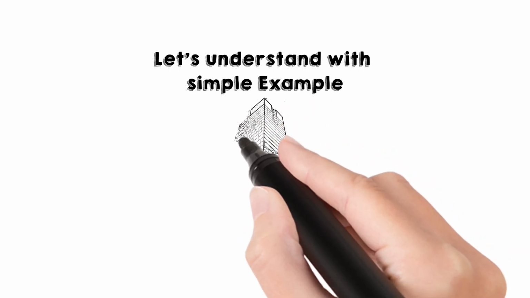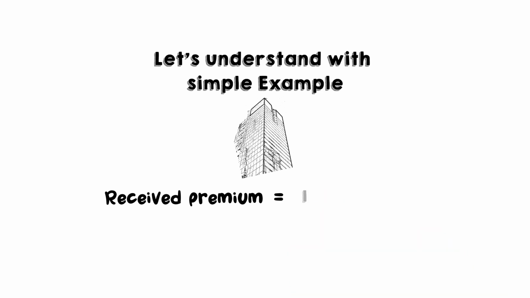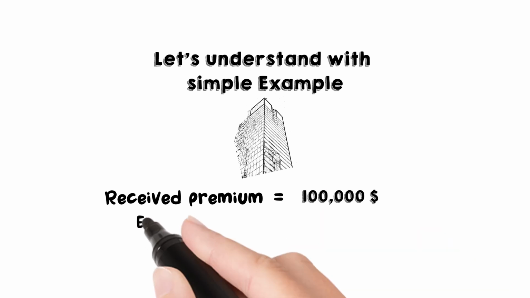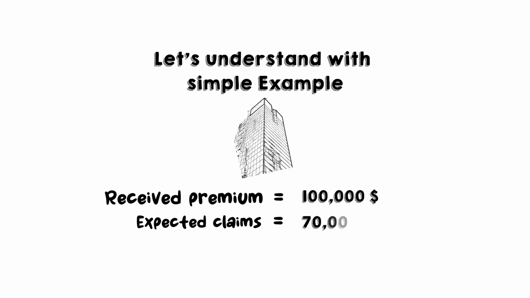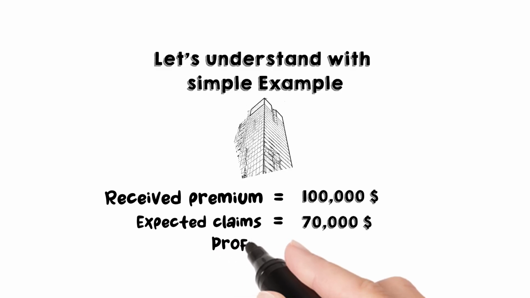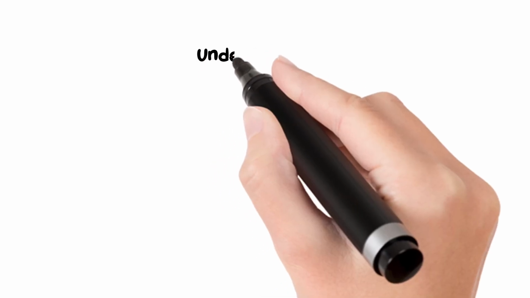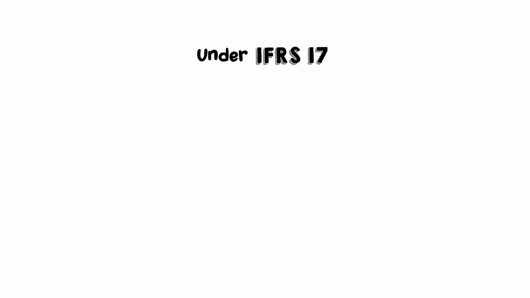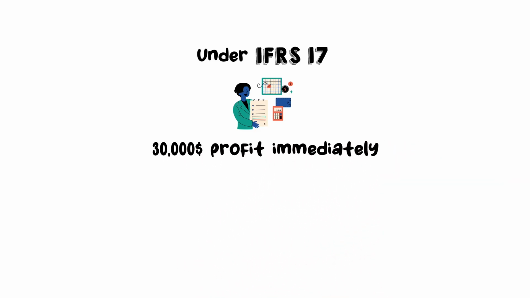Let's understand with a simple example. Suppose an insurance company received premium equals $100,000. Expected claims equals $70,000. Profit equals $30,000. Under IFRS 17, do not show $30,000 profit immediately.